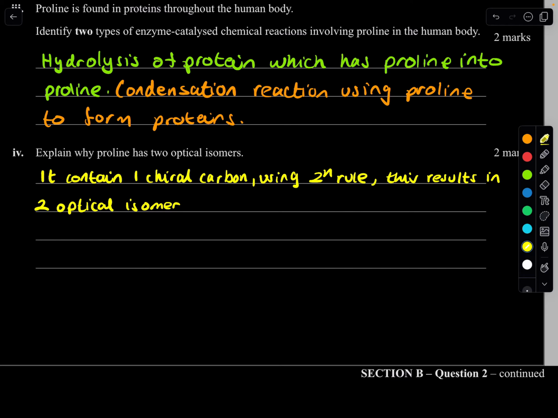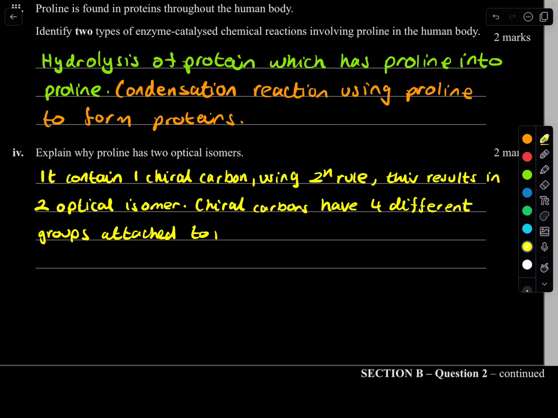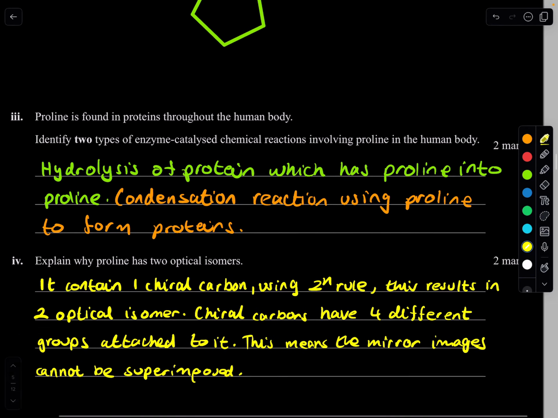Chiral carbons have 4 different groups attached to them. This means the mirror images cannot be superimposed. And I think that was enough, I'll be honest.